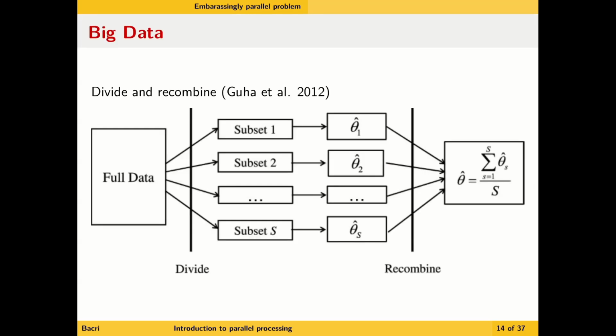One way to do this for statistics people is using the divide and recombine method published by Guha et al. in 2012. The idea is if you have an optimization function that takes too much time to estimate on a massive data set, you can run it in parallel on subsets of that data set and then recombine each of those estimates to give one end result.